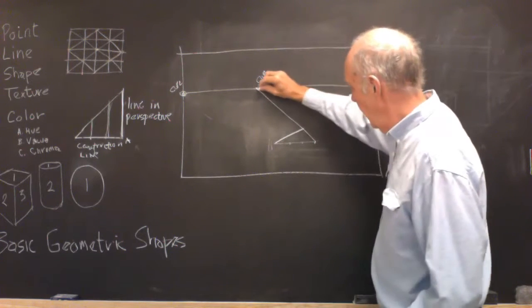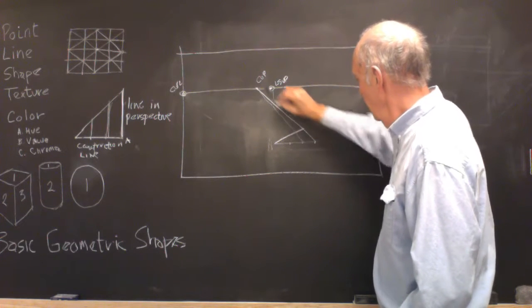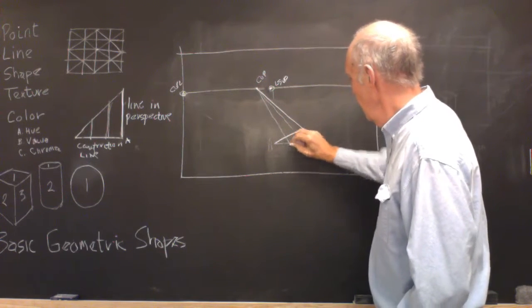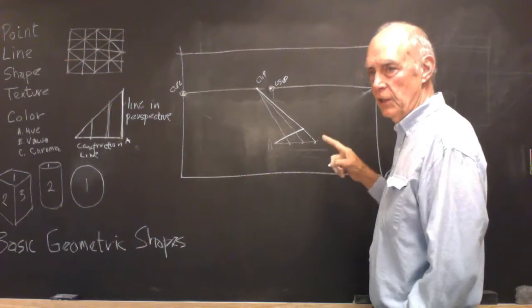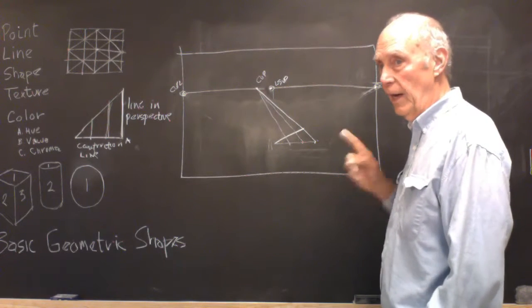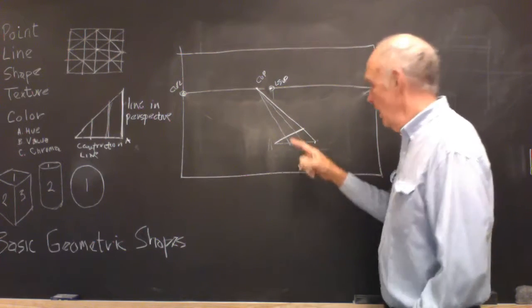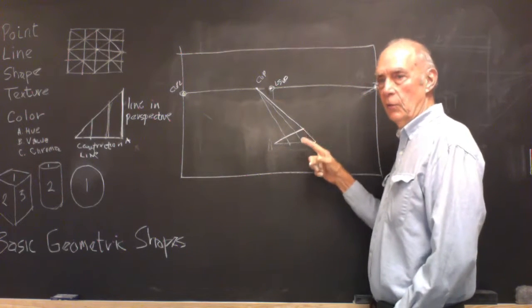So if I draw a line from here, through here, and here, through here, it will divide this line up into an equal number of sections in perspective. Now, are they equal? No. Why aren't they equal? Because this is moving away from me, so it gets shorter as it moves away.